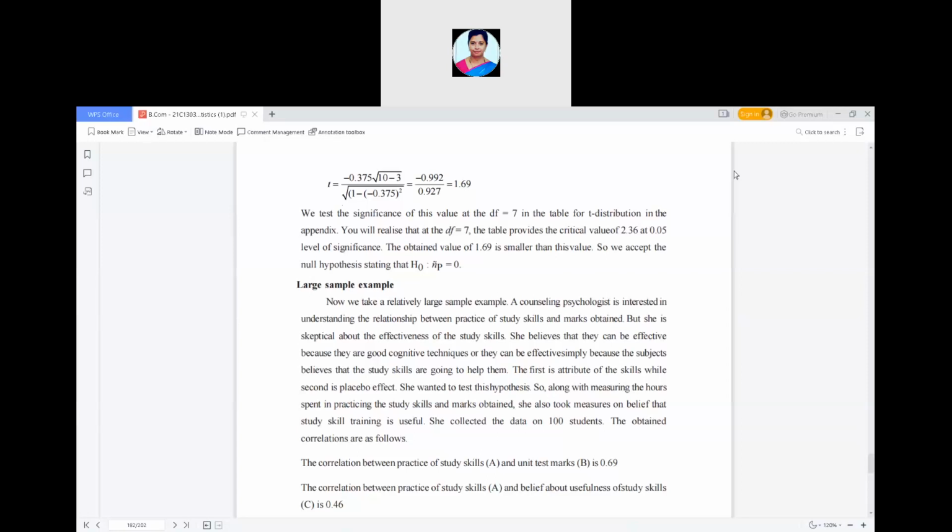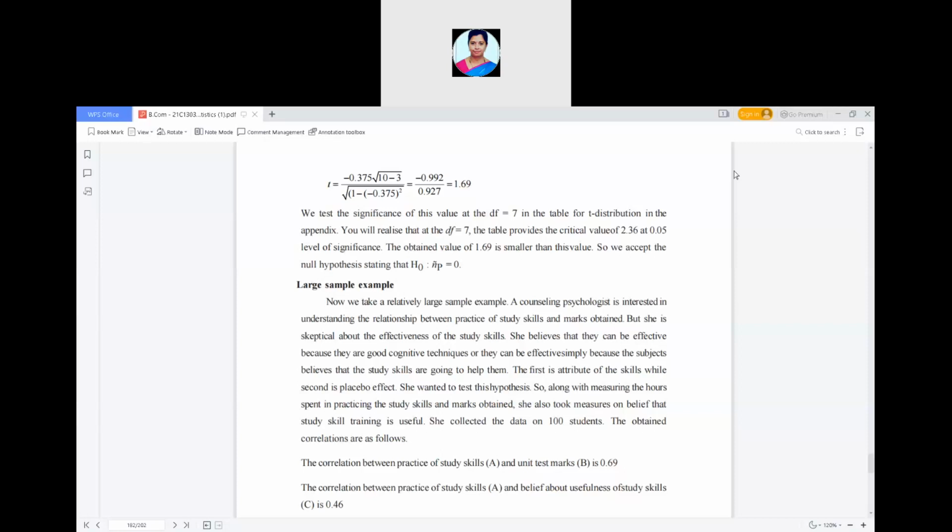She believes they can be effective because they are good quantitative techniques, or simply because the subject believes the study skills are going to help them. The first is the attribute of skills, while the second is the placebo effect.